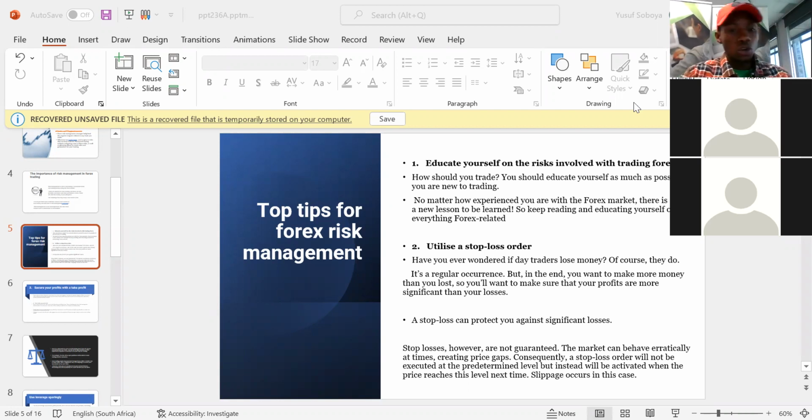All right, so maybe let's break down what volatility means. Volatility means the market is volatile. The word volatile itself means a lot of things happening at the same time.